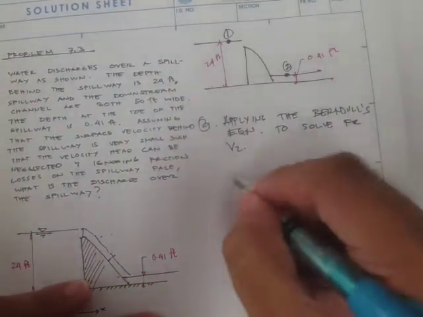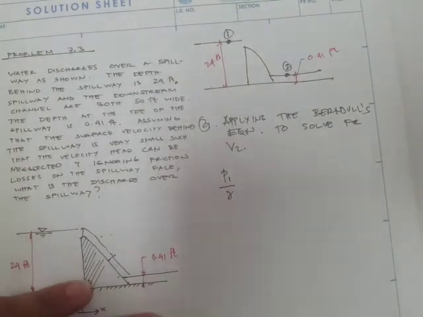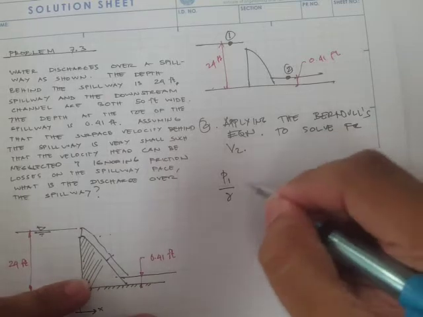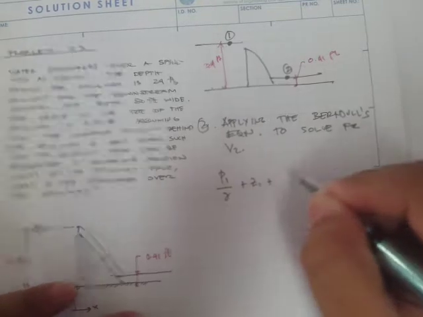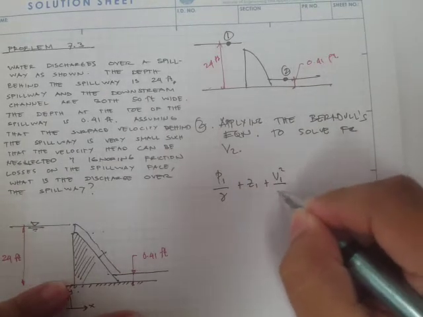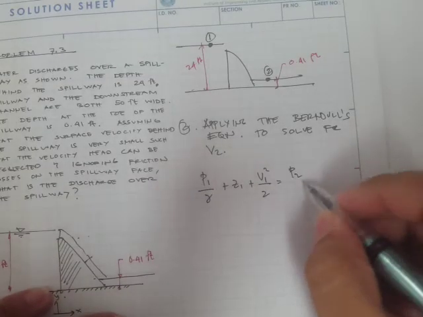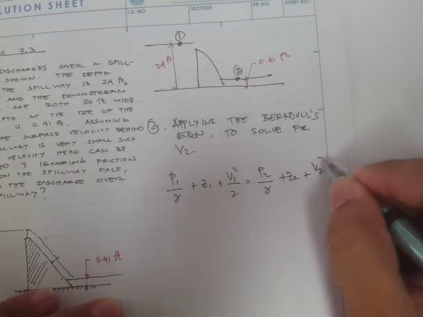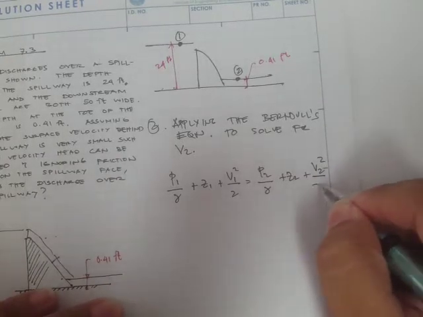Okay, so p sub 1 divided by gamma, the pressure head, plus z sub 1 plus the velocity head is equal to the pressure head at point 2 plus the elevation head at point 2 plus the velocity head at point 2.